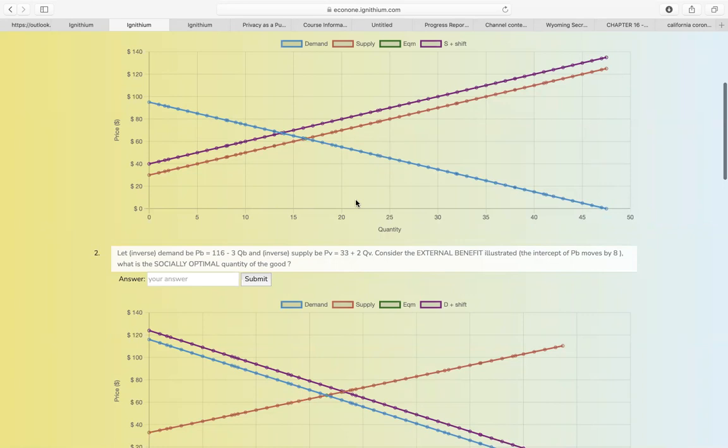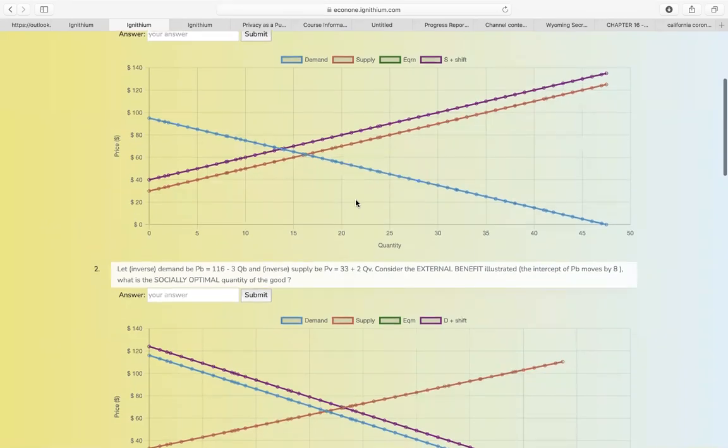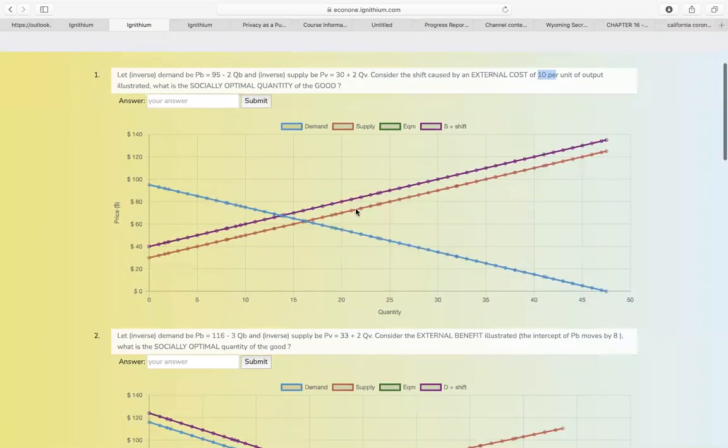But here, you can see there is a role for the government to do something constructive and actually increase the amount of total surplus, because in the case of a negative externality, we need some way to introduce a cost to reflect the true cost to society.